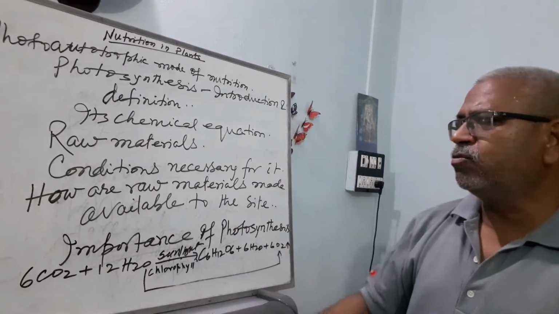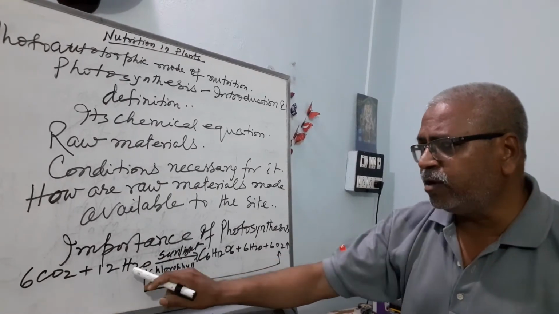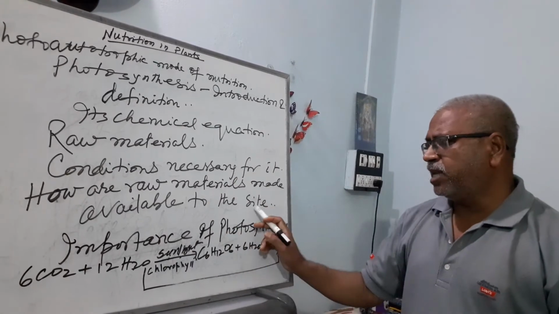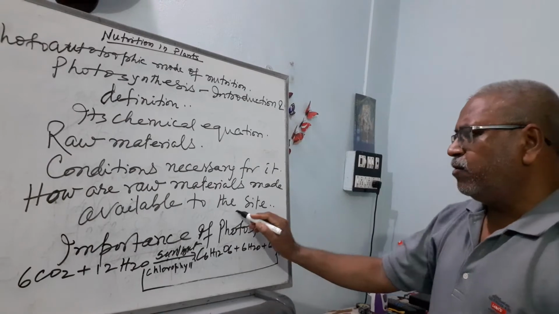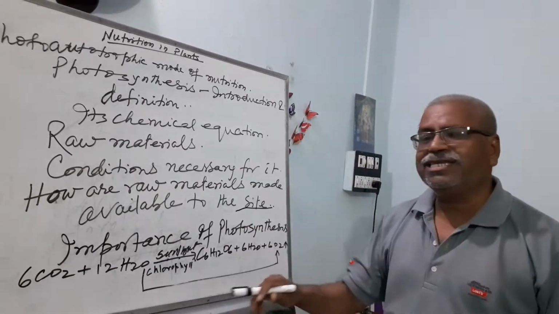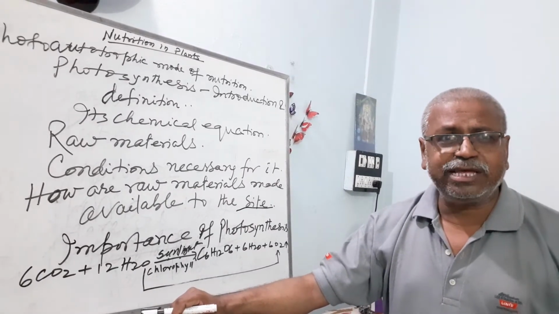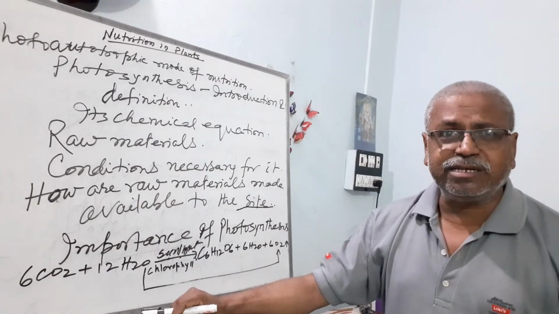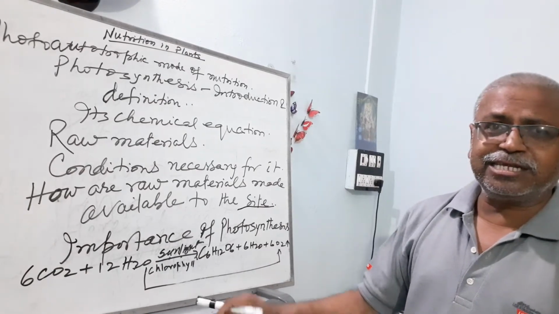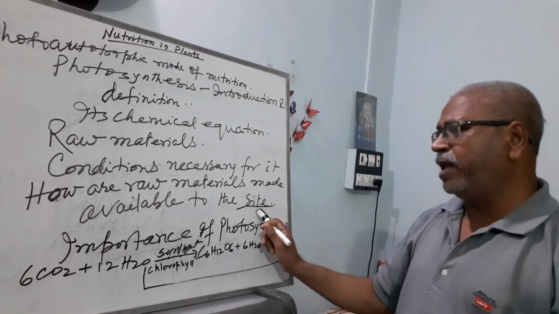Now the question arises how the raw materials are available to the site of formation of photosynthesis. What is the site of photosynthesis? The real site of photosynthesis is the chloroplast, generally found in the leaves of the plant. Since it is a basic process, it occurs inside the cell, and inside the cell, in the chloroplast.